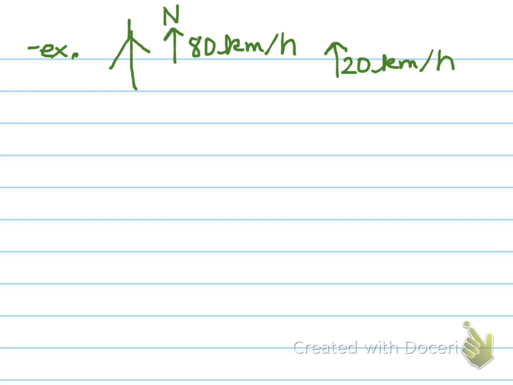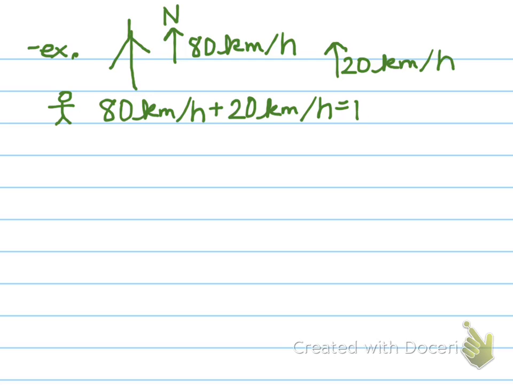So we want to know how fast this plane is actually traveling with respect to the ground. Well, a person on the ground, okay, is going to see this plane going 80 kilometers per hour plus the wind that's pushing it another 20 kilometers per hour, which results in, from the ground, the plane moving 100 kilometers per hour north.